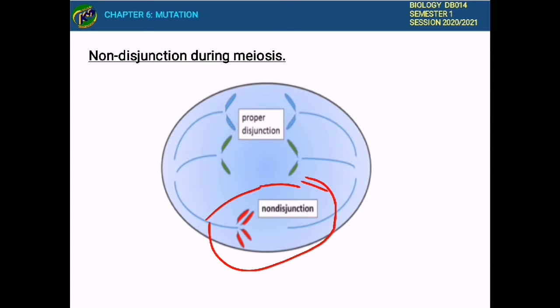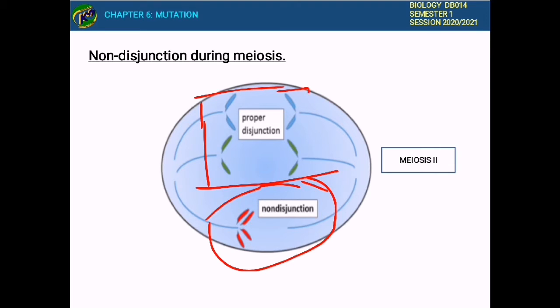In this diagram, non-disjunction occurs during meiosis 2. Like what you can see here, there is proper disjunction, but here there is non-disjunction. For proper disjunction, two sister chromatids separate and move towards opposite poles.